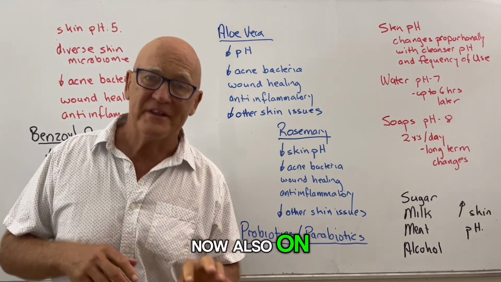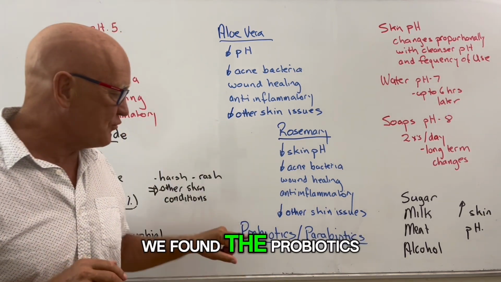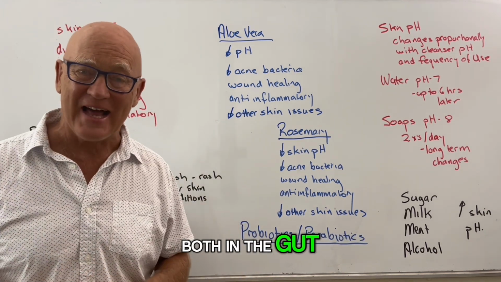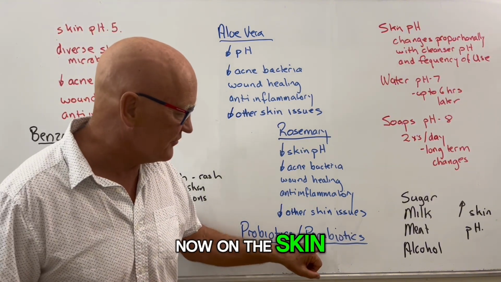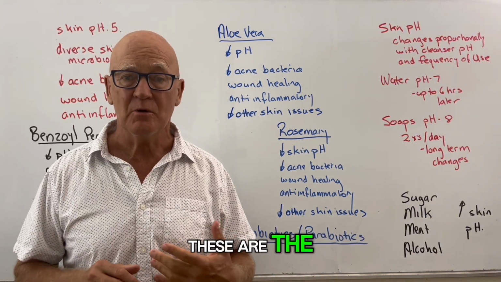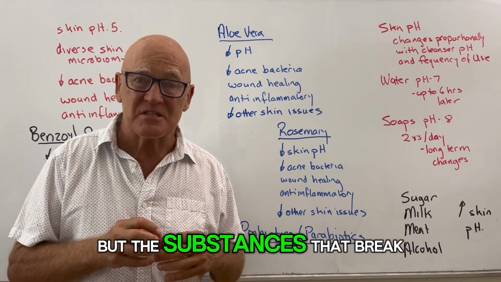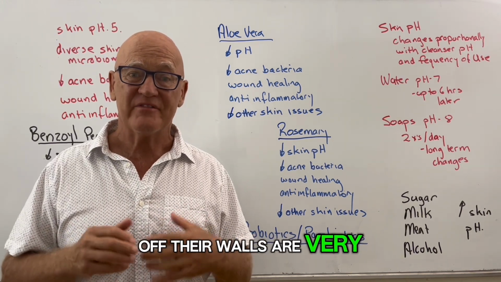Now, also in the other videos where I was talking about the gut, we found that probiotics, both in the gut and applied to the skin. Now, on the skin, they're probably called parabiotics or postbiotics. These are the probiotics that are literally being killed, but the substances that break off their walls are very, very beneficial.